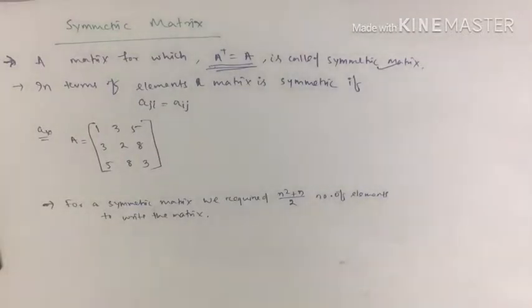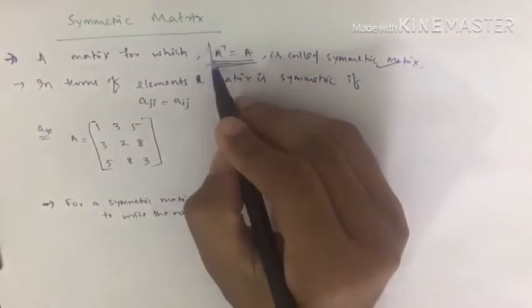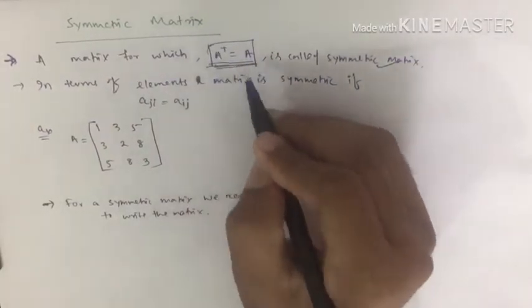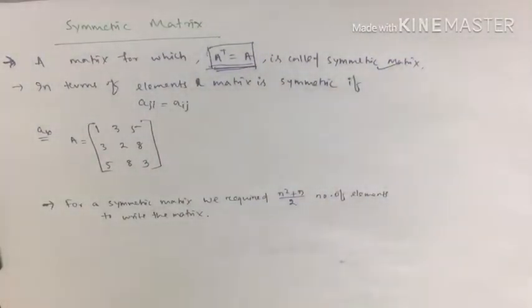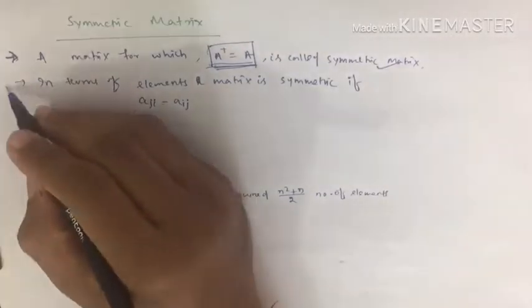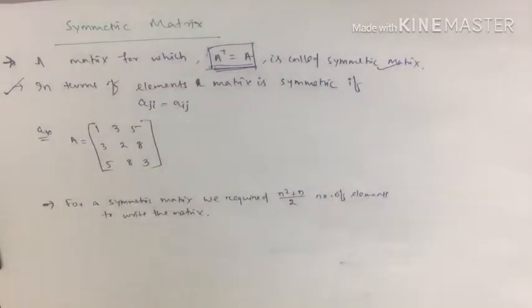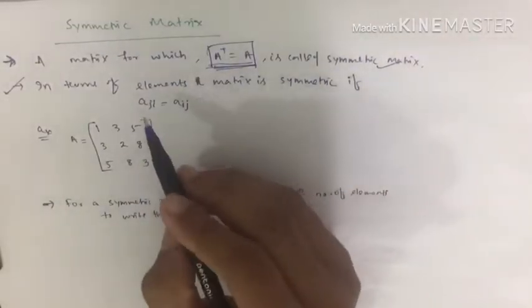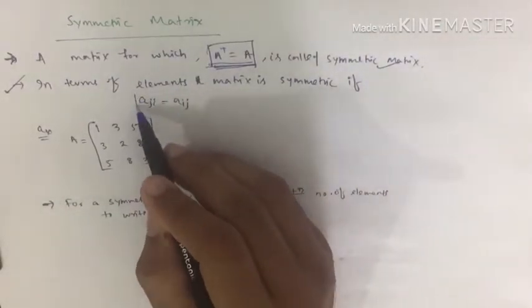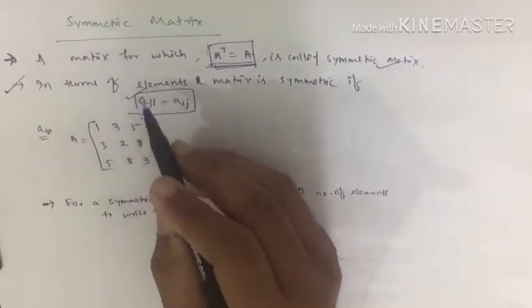Okay, for symmetric matrix, a matrix is said to be symmetric if A transpose is equal to A. So in terms of elements, a matrix is symmetric if Aji equals Aij. This is important.